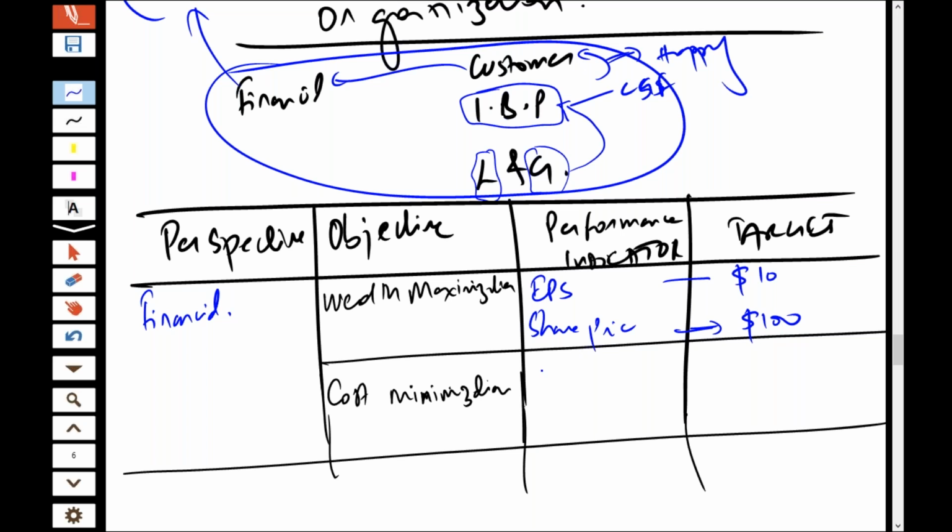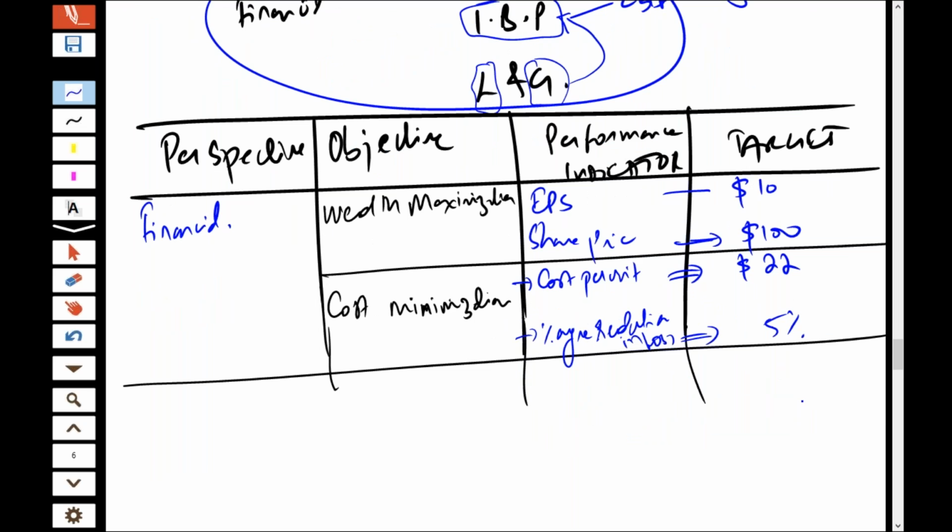The cost minimization is going to be like this: cost per unit, and the second one is percentage reduction in loss. So maybe you could set a target that the cost per unit should be 22. Maybe you could say that the percentage reduction in the loss could be 5%.